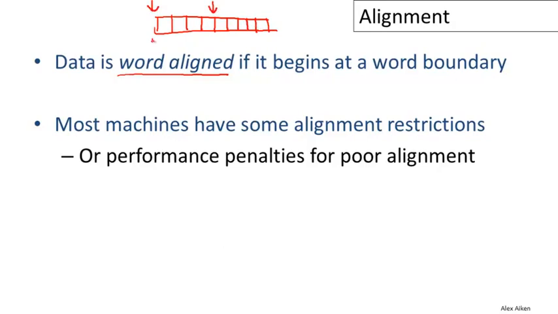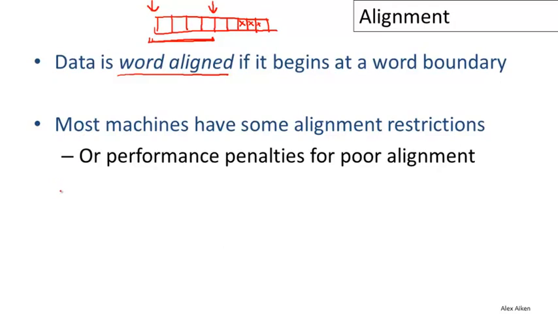Then if data is allocated on a word boundary, say in these 4 bytes, then that would be a word-aligned piece of data. If a piece of data begins in the middle of the word, so let's say, for example, that it begins here, this data is not word-aligned because it doesn't begin on a word boundary. And the important issue is that most machines have some alignment restrictions.